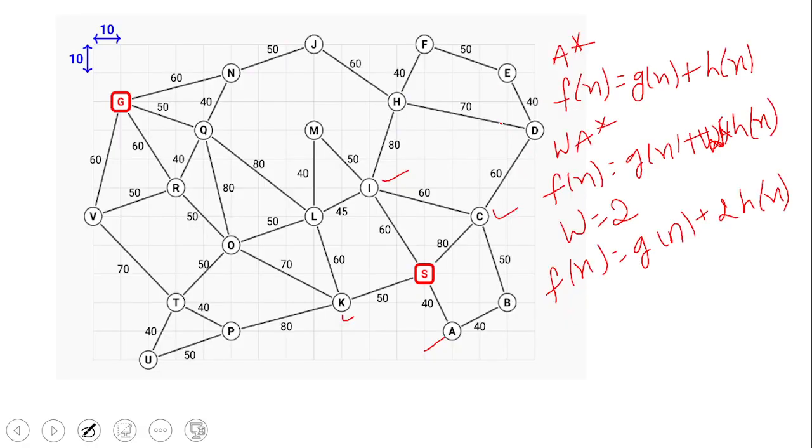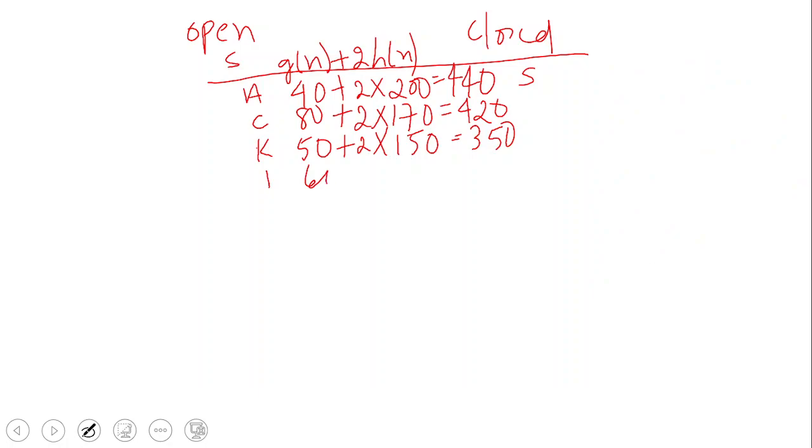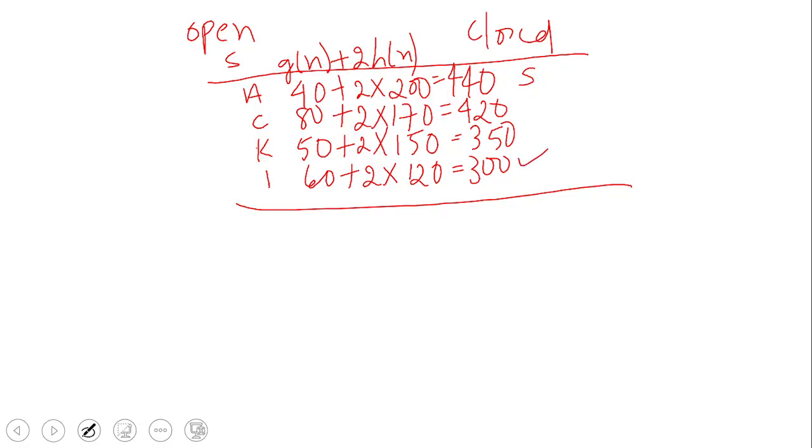For I, S to I is 60, plus 2 into the h of n value for I, which is 120, so we get 300. Among these, we need to select the one with the lowest value. So I has the lowest value, and I's parent is S. So S is the parent node.